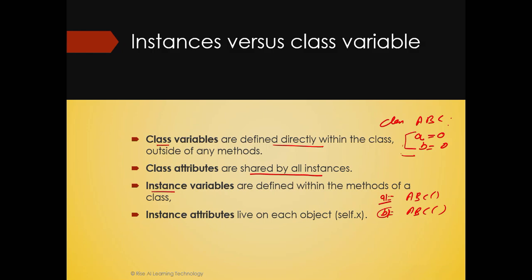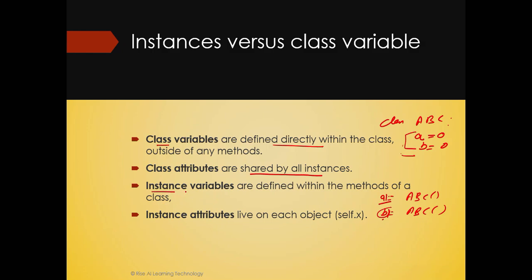So basically, whenever we are creating a variable at the class level, it means we are exposing it to each and every instance of that class. If I am creating an A1 object, it will be able to access it. The B1 object will also be able to access it.